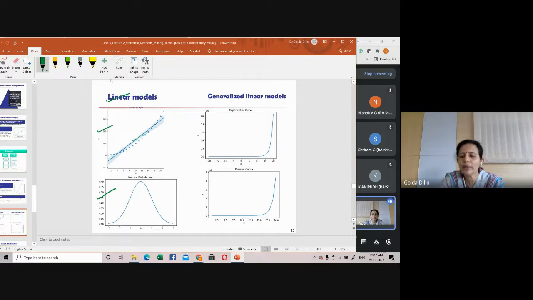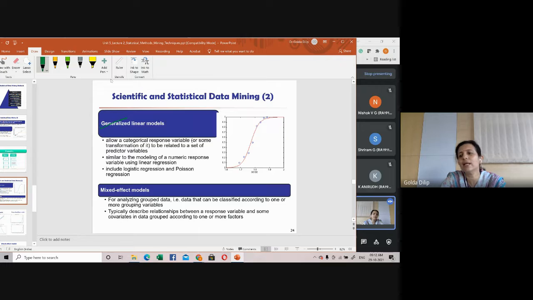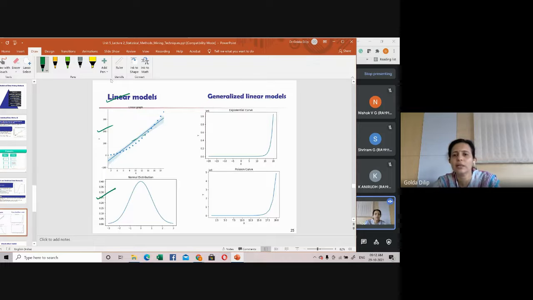Now coming to what is called a generalized linear model. You can see here on the right hand side the generalized linear model. This will help us build a linear relationship between the response and the predictors, but then the underlying relationship may not be linear. This is made possible by making use of a link function, which basically links the response variable to the linear model.